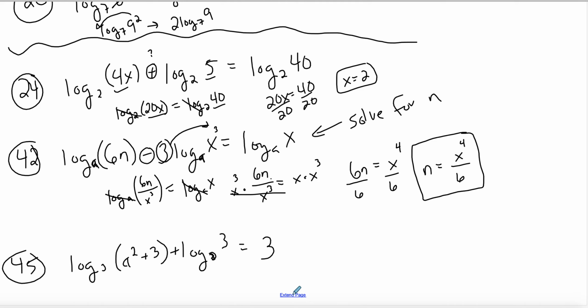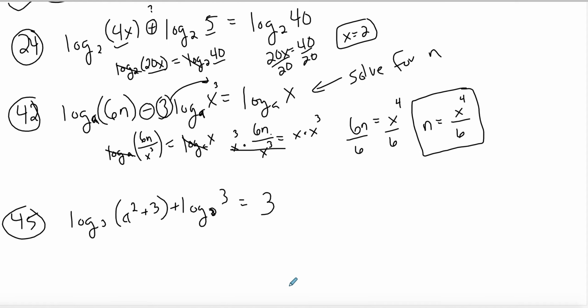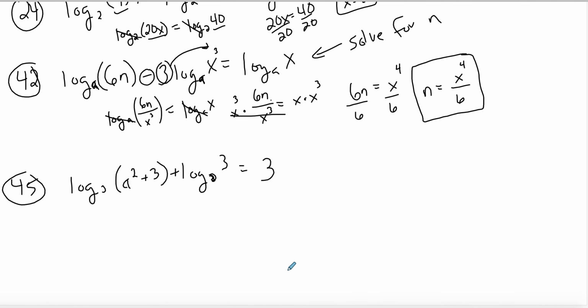Okay, let's try this one down here. So again, we're solving for whatever variable we see here. So that's an a, I think again, it's an a squared. I was kind of being fast when I wrote these in there. So let's condense on the left.